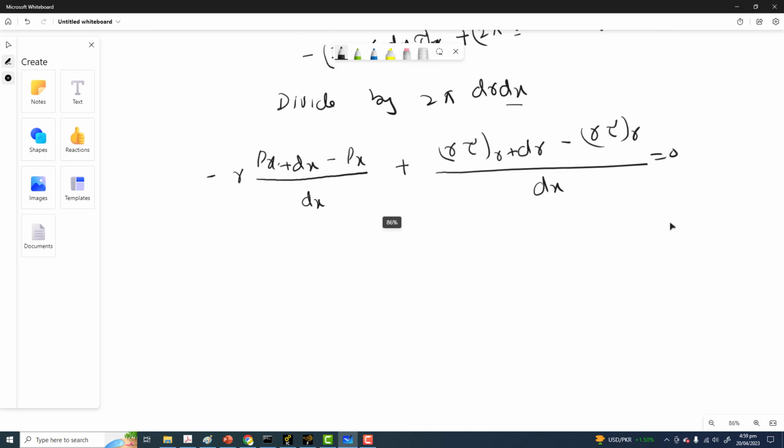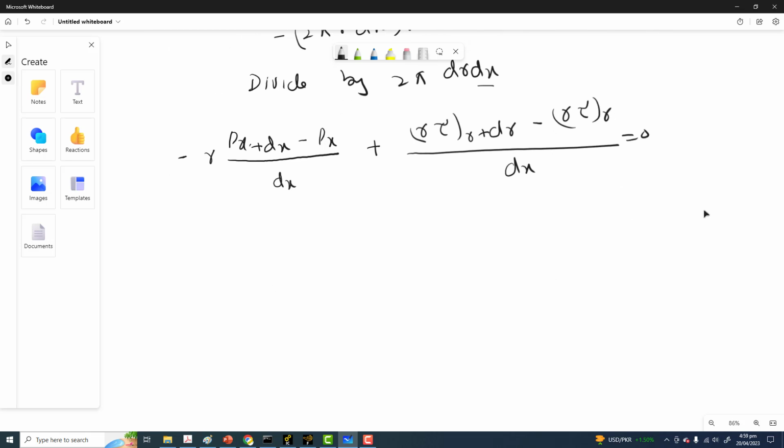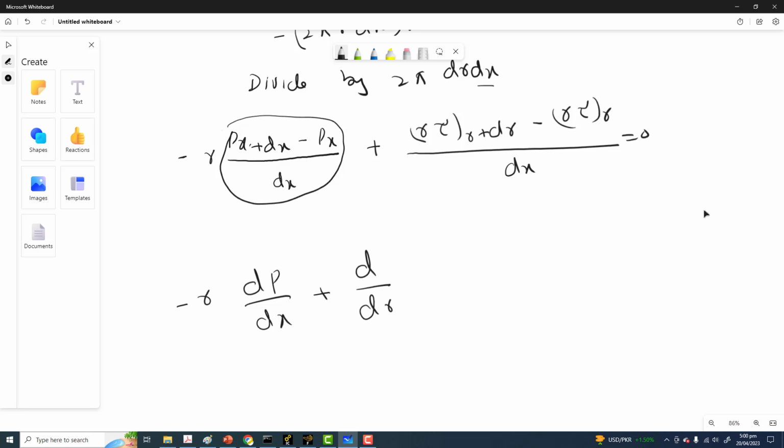Now we have this thing. This is the derivative, this is the differential. So this is minus r dp by dx plus the derivative of shear stress, d by dr of r tau, and this is equal to 0.